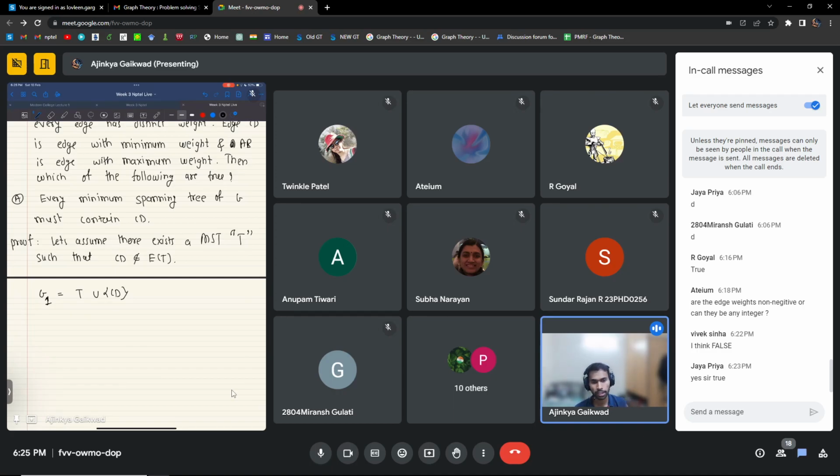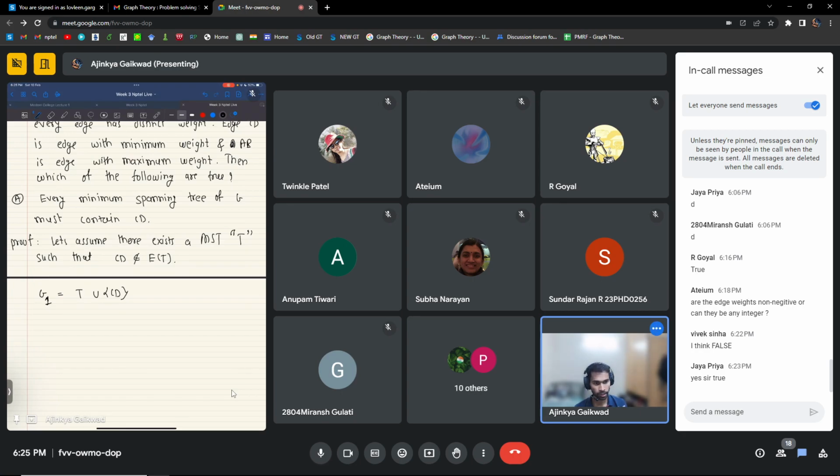So let's assume that CD doesn't belong to E of T. So I will construct a graph G1. I'll put all the edges from T into my graph G1, and along with that, I will also put CD.